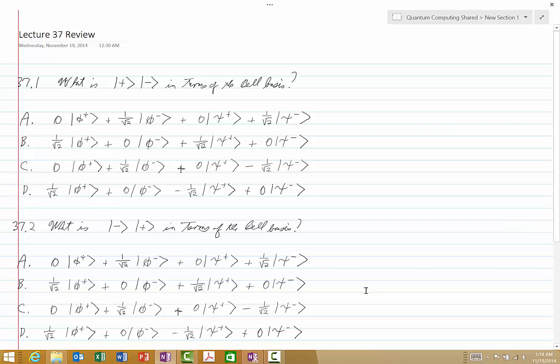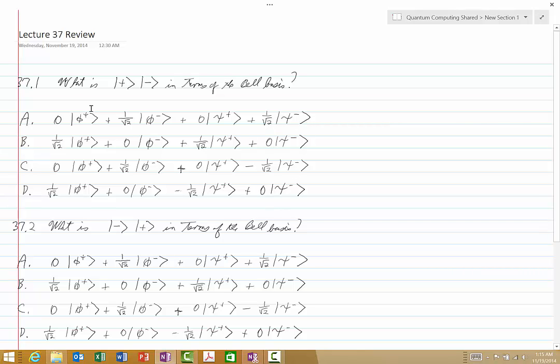So the first problem says that we have the 2-qubit state plus minus, and you want to write that in terms of the Bell basis. So you will need to go back, and if you have forgotten, you'll need to review what the Bell basis is, and then you'll need to express this state in terms of the Bell basis. And here are the 4 choices.